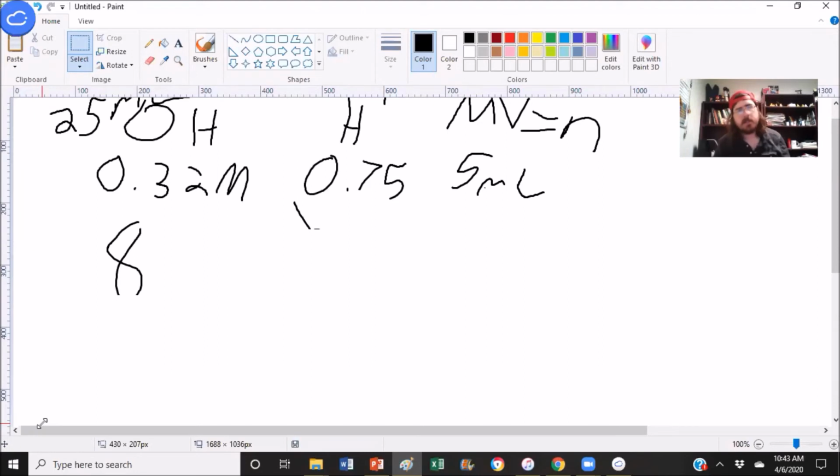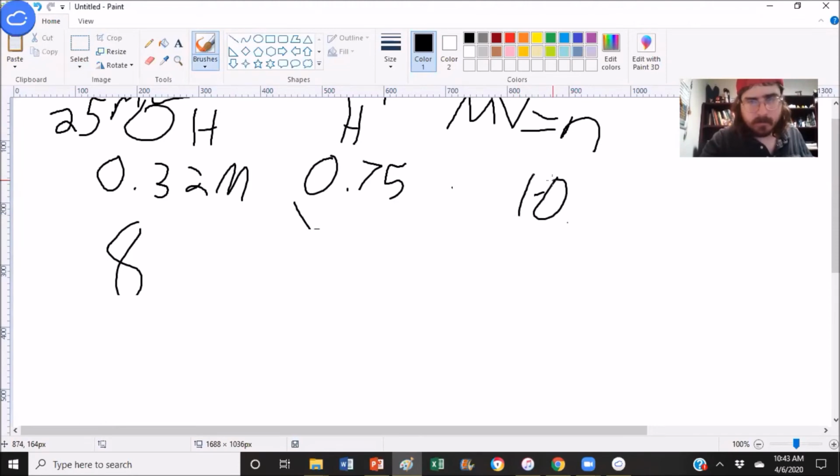But the acid goes up as we add more and more. So at equivalence point, we've added 10.67 mils of acid, sorry.